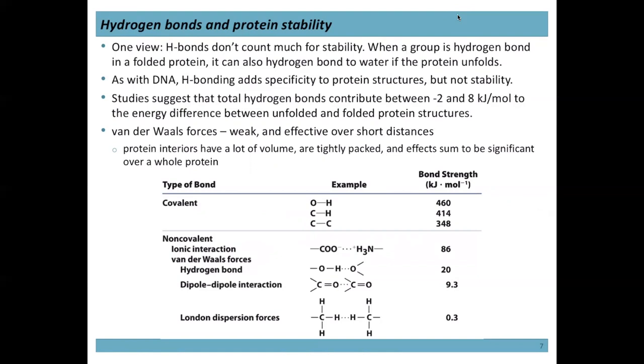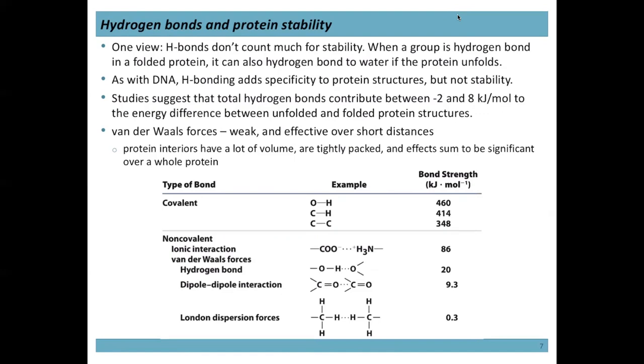So if I can match up my hydrogen bonds, I can actually force my protein into a given conformation, but it's not necessarily adding stability. There have been some studies that suggest that total hydrogen bonds contribute between -2 and 8 kilojoules per mole to the energy difference between the unfolded and folded proteins.